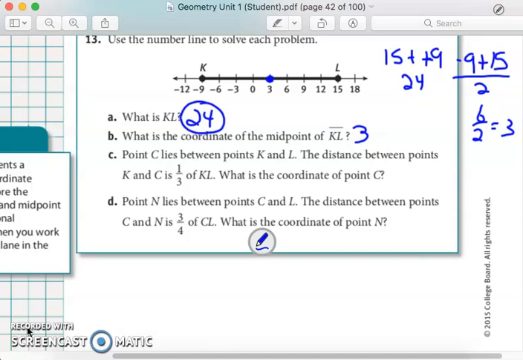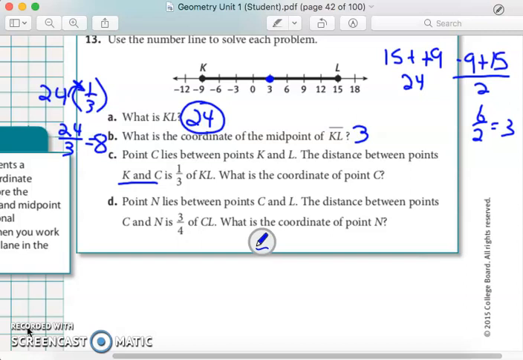So what's 1/3 of 24? Because we want to go 1/3 of the way. So to do 1/3 of 24, you just multiply 24 by 1/3. And when you multiply that, the easiest way is to multiply 24 by the top number. 24 times 1 is 24, divided by 3 is 8. So that's not our answer. That just means that that's how far away C and K are, right?